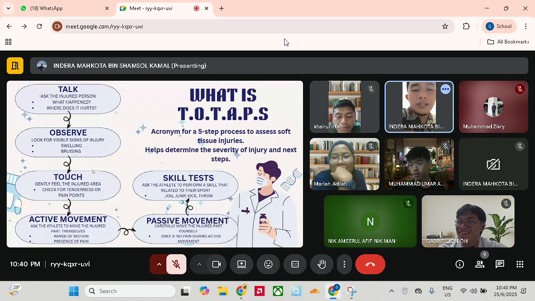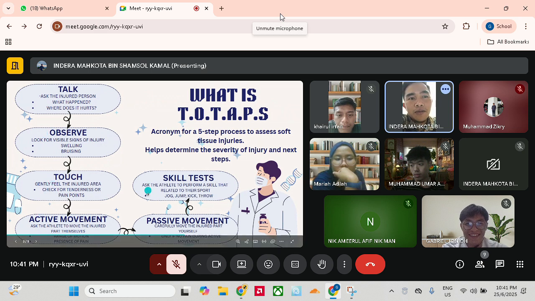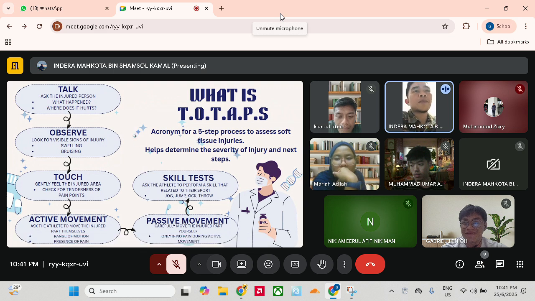As you can see in the slide that I provided, these are the steps of T.O.T.A.P.S. The first one is talk, the second is observe, the third is touch, then active movement, passive movement, and the last one is skill test.